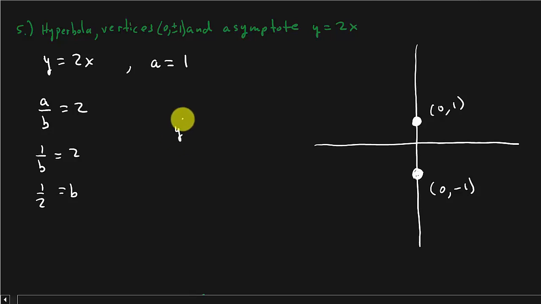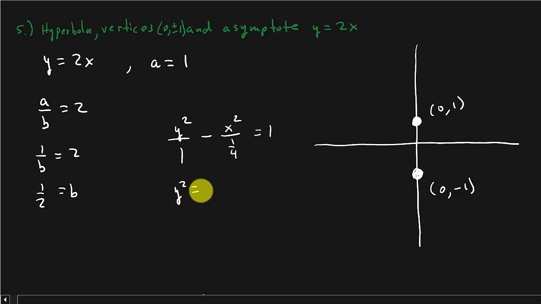So we know we're going to have y squared over a squared. Well, a is 1, so 1 squared is 1, minus x squared over b squared. So b is 1/2. So b squared is 1/4, and that equals 1.